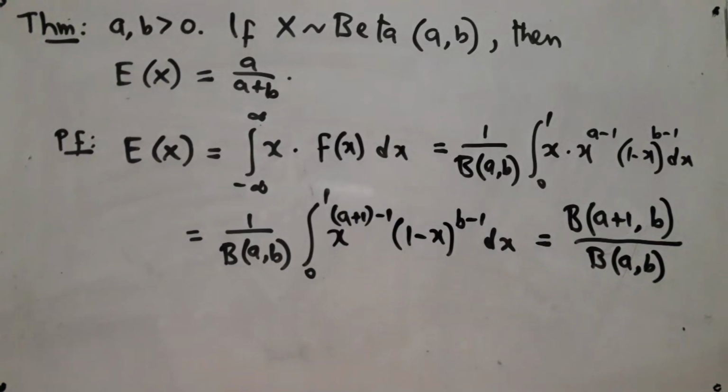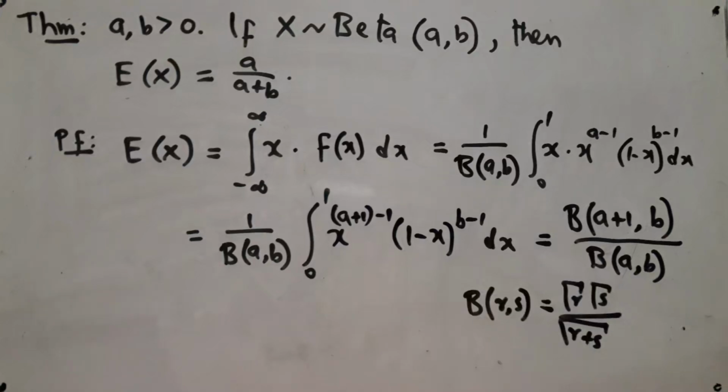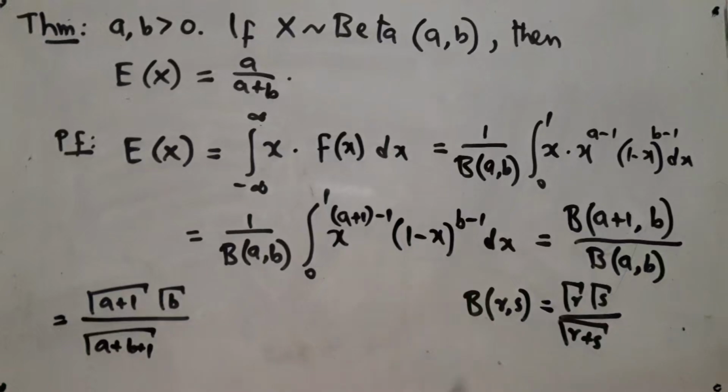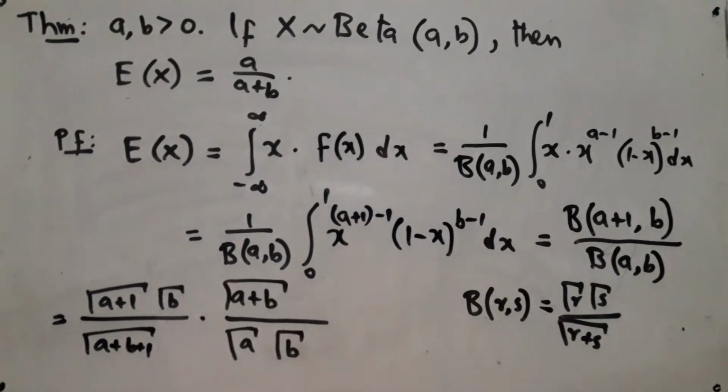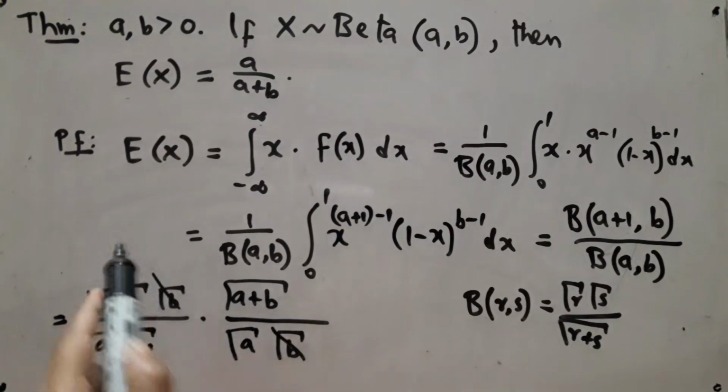Now I shall use the result that beta can be expressed in terms of the gamma function. Here is a quick reminder of the result. So I will use this both upstairs and downstairs. This comes from beta(a plus 1, b). Now I will do the same thing with beta(a,b) in the denominator. So I get gamma a times gamma b in the denominator, and in the numerator gamma of a plus b. One cancellation is immediate.